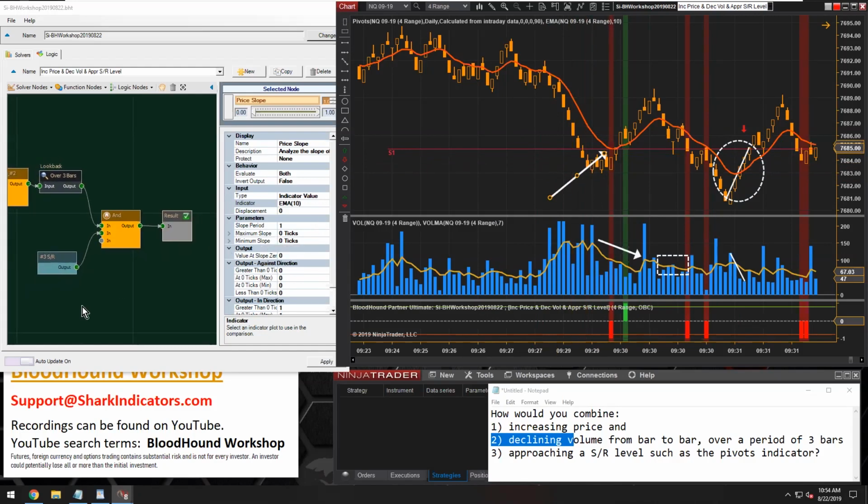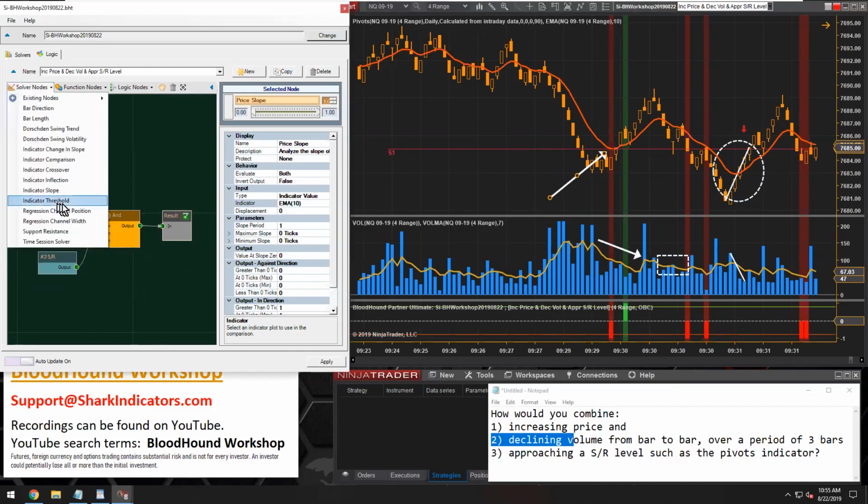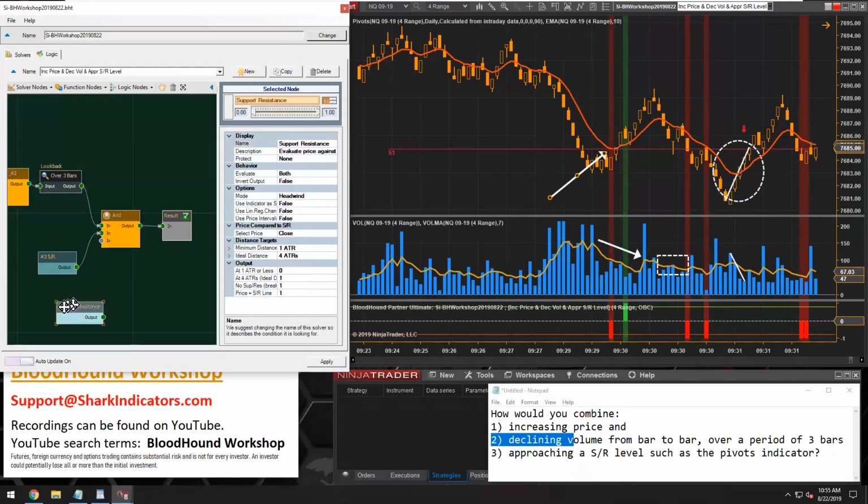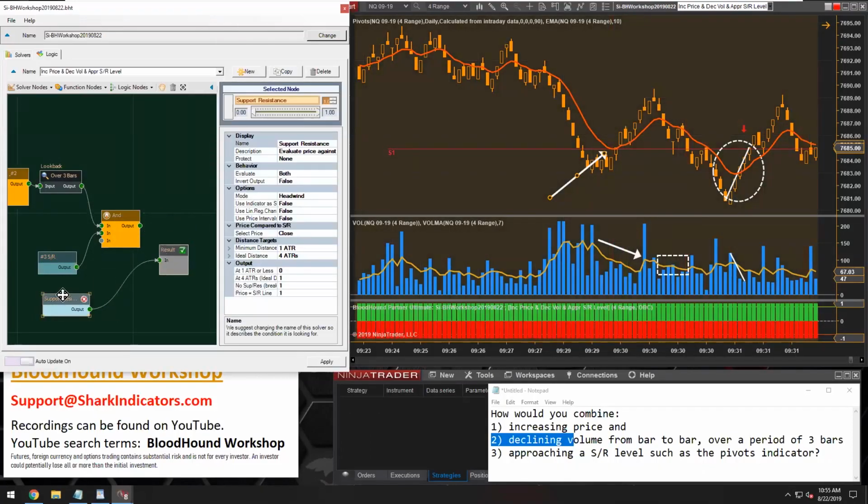So to do that, let's see here. Just need to decide how I want to do this. I'm going to try using an extra support resistance solver here, and plug this into the result node so we can give this a shot.